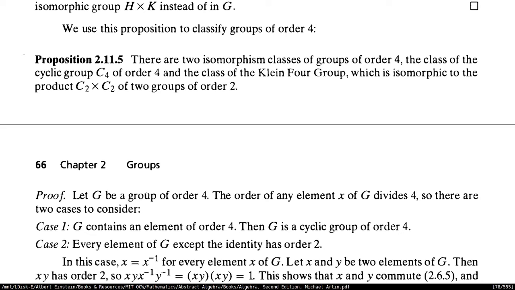So hk times h inverse k inverse is equal to the identity, thus making them commutative. So this shows that if F is both injective and surjective, it is commutative, thus making the subgroups normal. Okay, so that was that.